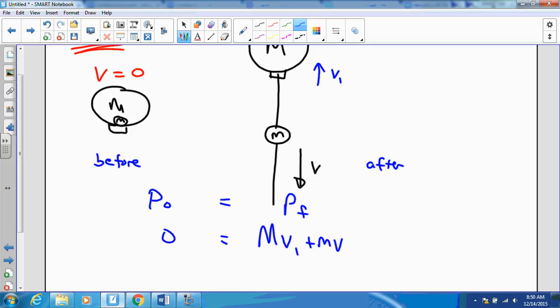How could we fix that? How about we just fix it by going ahead and biting the bullet and finding the speed with respect to the ground.